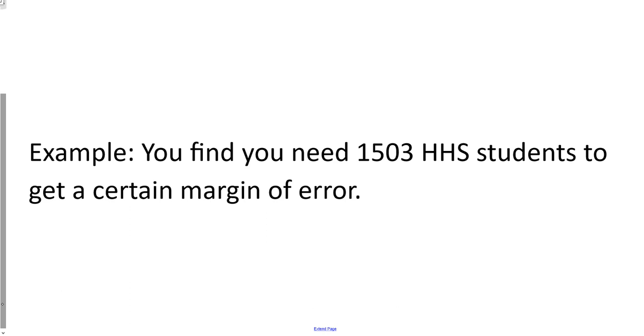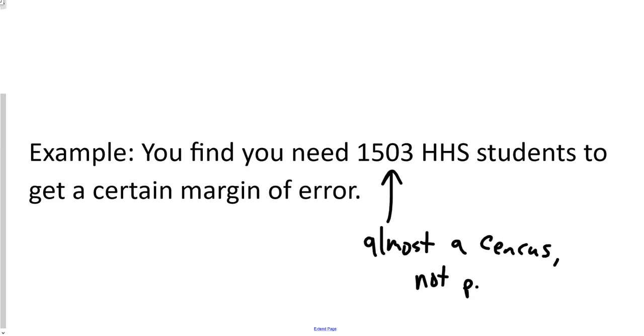Well, if you know anything about our sample, like the size of our school, that is almost the whole school. That is almost a census. So at that point, it's just not practical. So you'd have to change your confidence level, change your margin of error, change something, but just be careful with this to actually keep the whole situation in context.